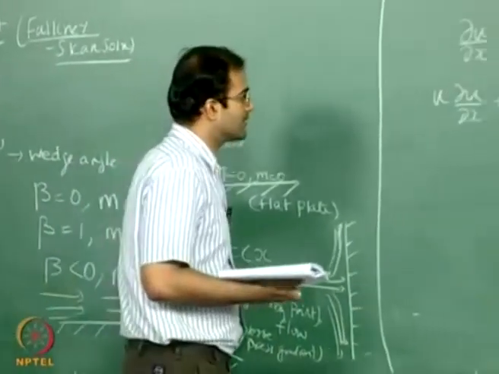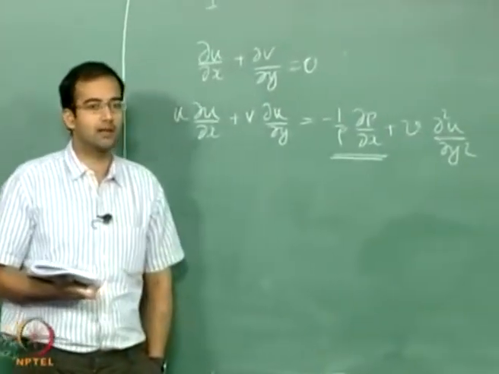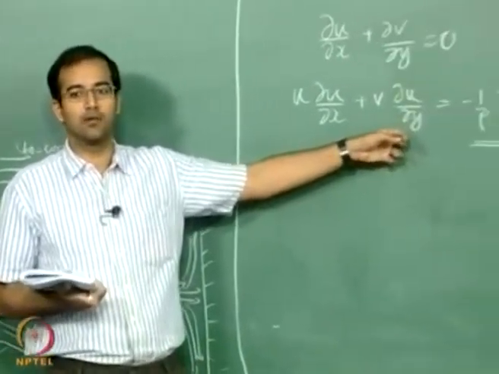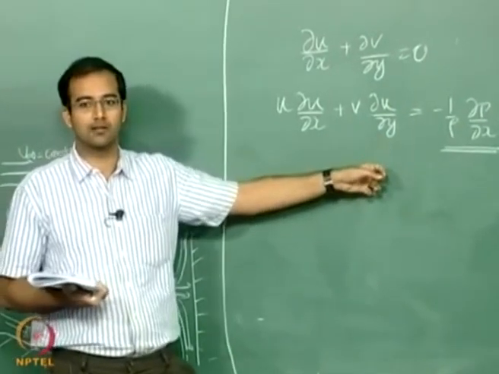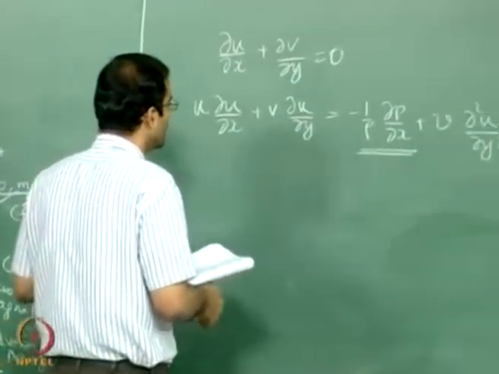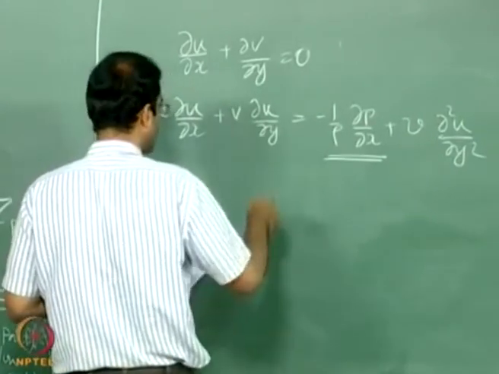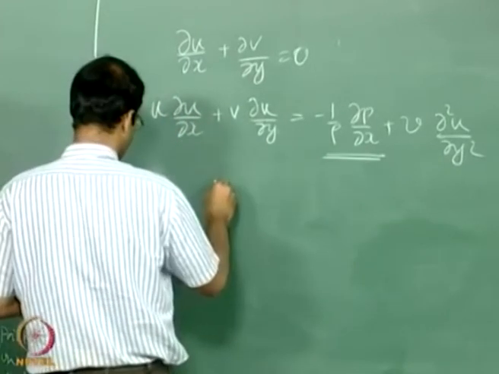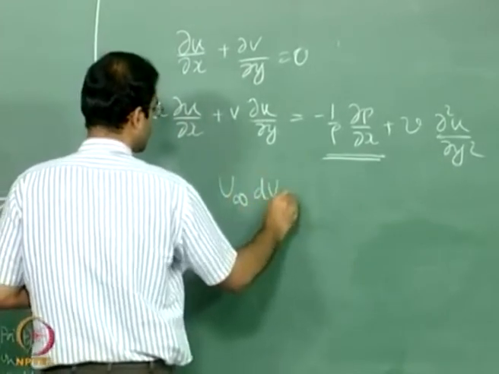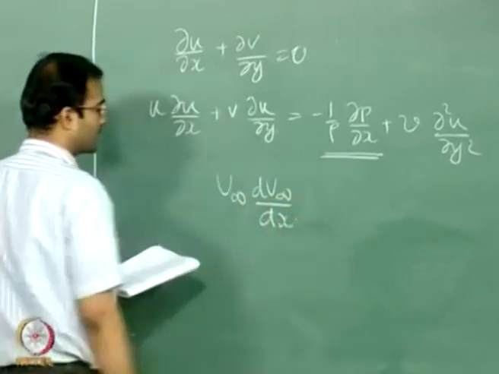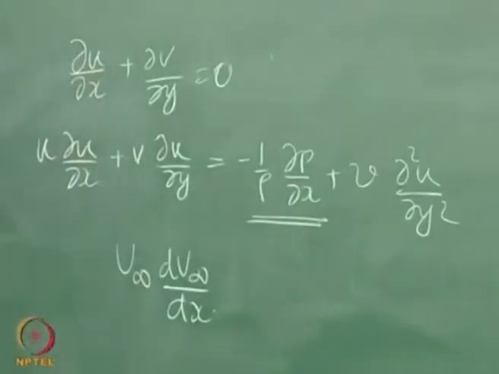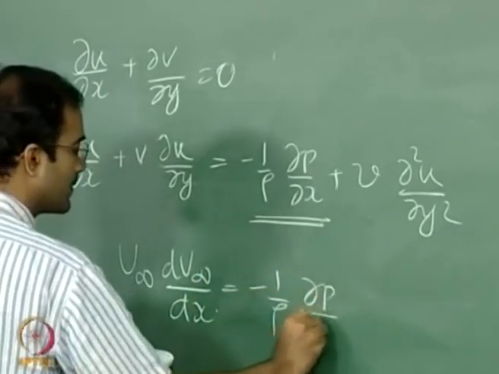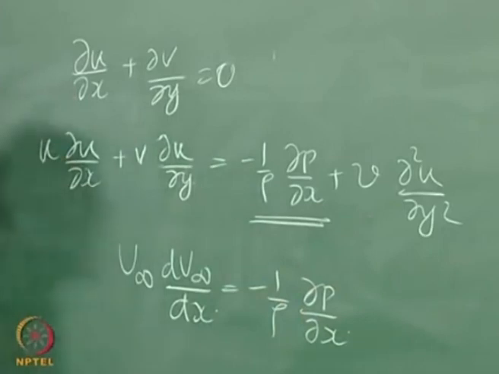Upstream. So since we have shown that the pressure is invariant of y, we can evaluate this outside the boundary layer, and the same value should be valid inside also. Therefore, if you apply the governing equations outside the boundary layer, you will get u infinity du infinity by dx, only your free stream velocity is there, your v velocity is 0, so that should be equal to minus 1 by rho dp by dx, and there are no viscous effects there.